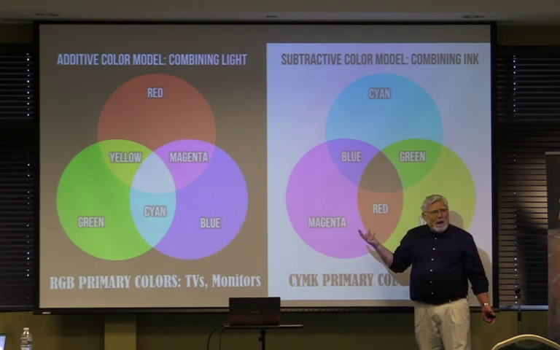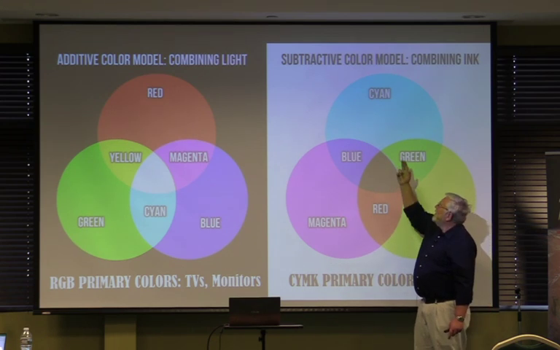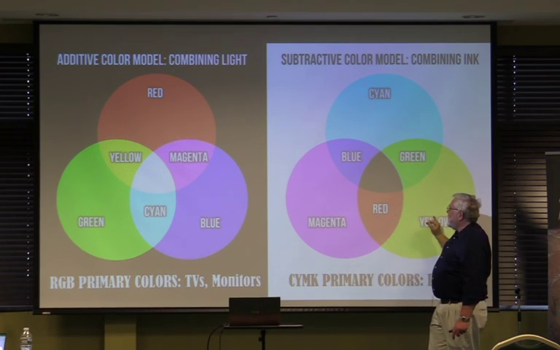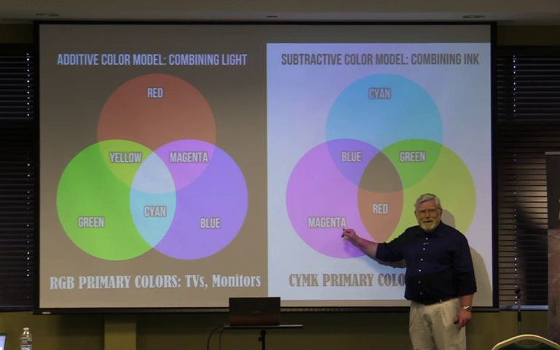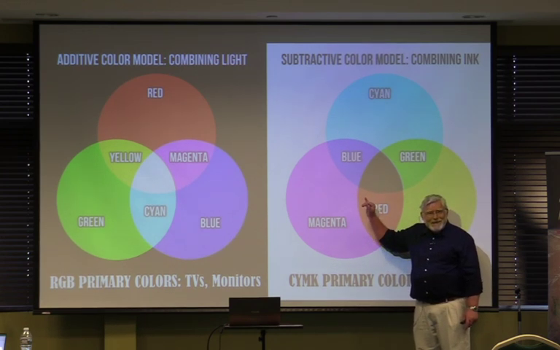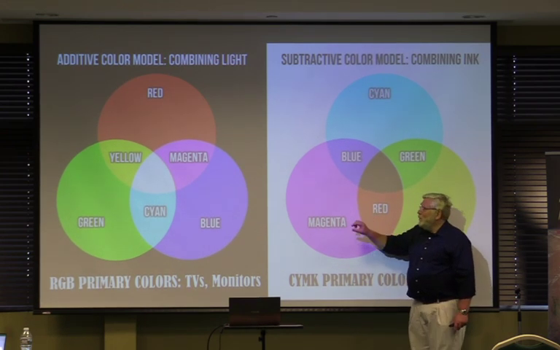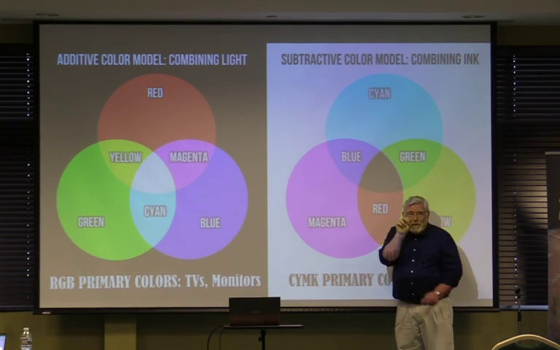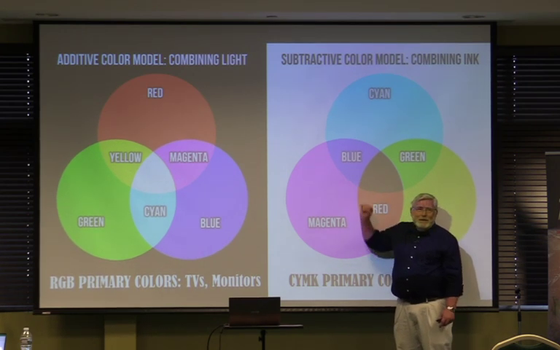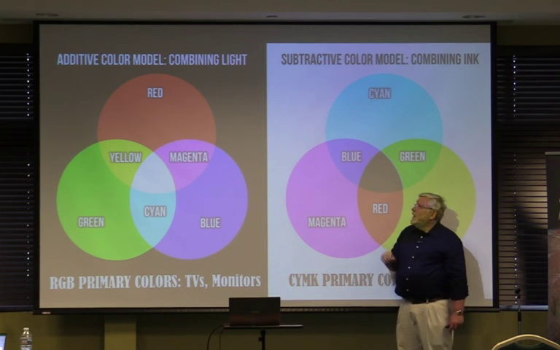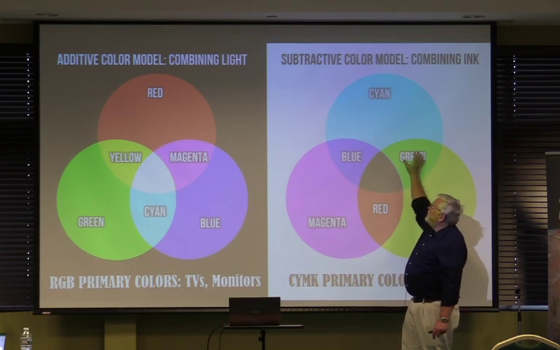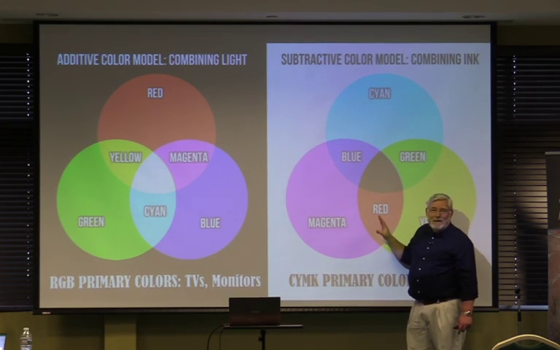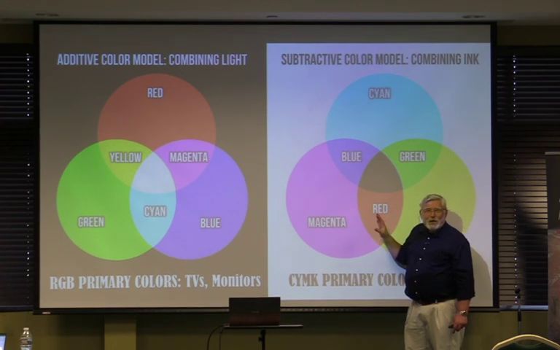Have you ever wondered why the colors in your printer are cyan and yellow and magenta and black? Well, when you put magenta and cyan together very close together on a piece of paper, it looks blue. The problem is that if you mix them all together, they look brown.